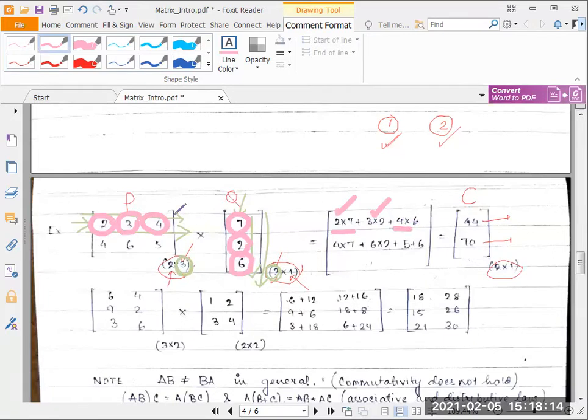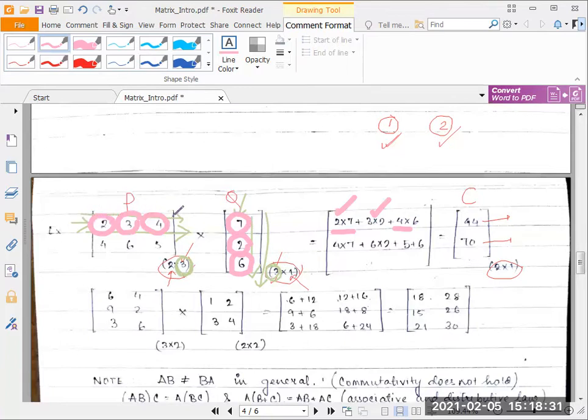So what we essentially do is, for every element on the first matrix, we take the corresponding element along the corresponding direction in the second matrix and multiply these two.